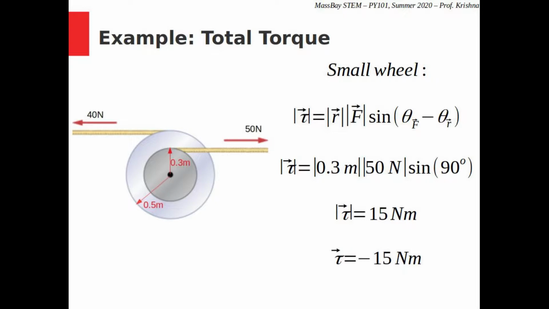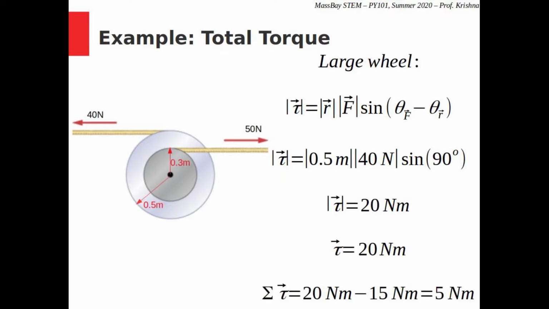For the smaller wheel, we can substitute the lever arm, that's the radius of the wheel, 0.3, and the force, 50 newtons. The angle between the two is 90 degrees. We get a torque of 15 newton meters. This torque would tend to rotate the small wheel clockwise, so we will call it negative 15 newton meters.